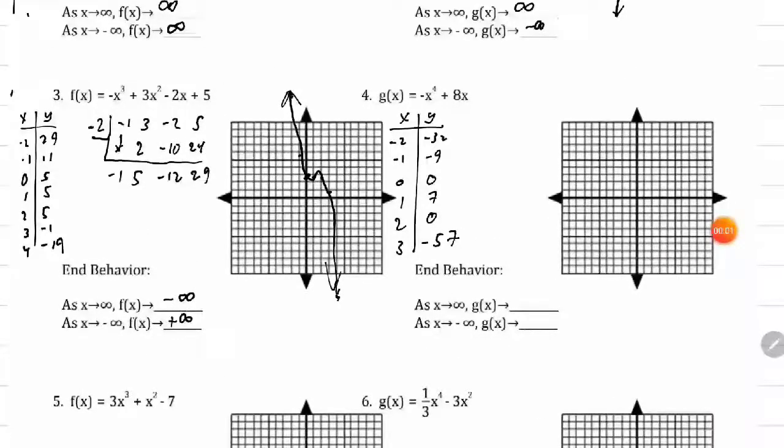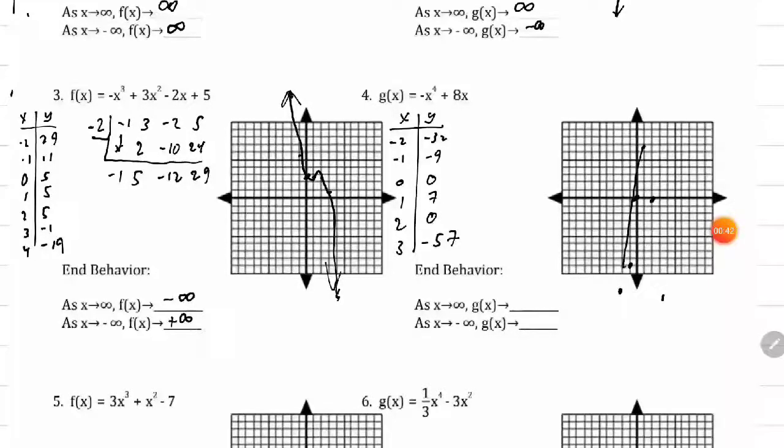All right, number 4. I'm going to go even quicker. Not show much at all, but after plugging these x values into that equation, I got these y values. So I'm going to go ahead and graph. So -2, -32, -1, 9. And then we have 0, 0, 1, 7, 2, 0, and 3, -57.